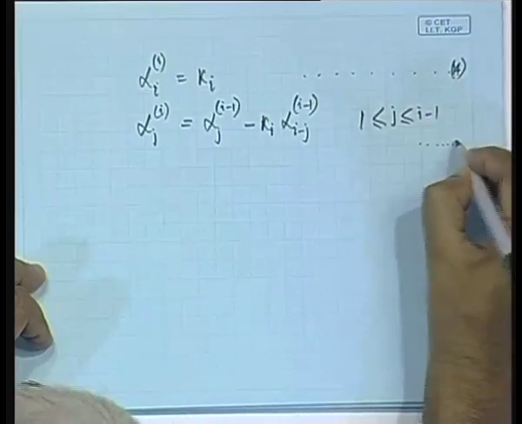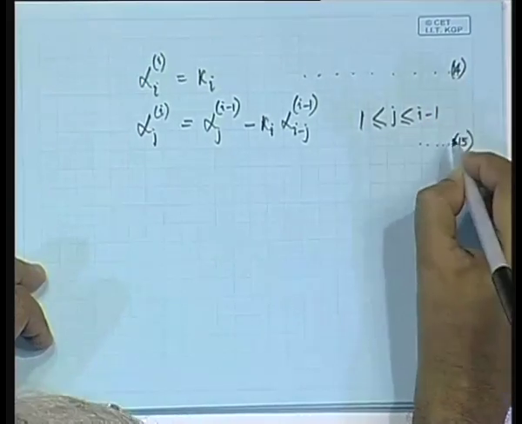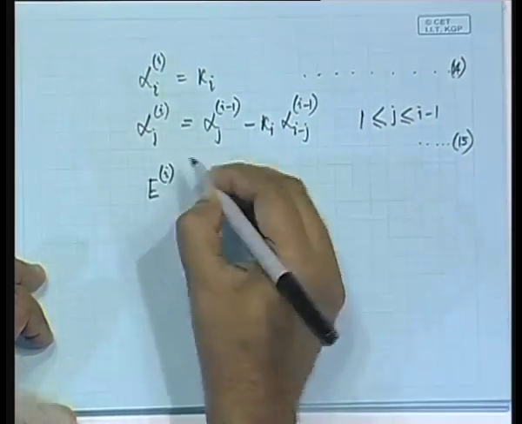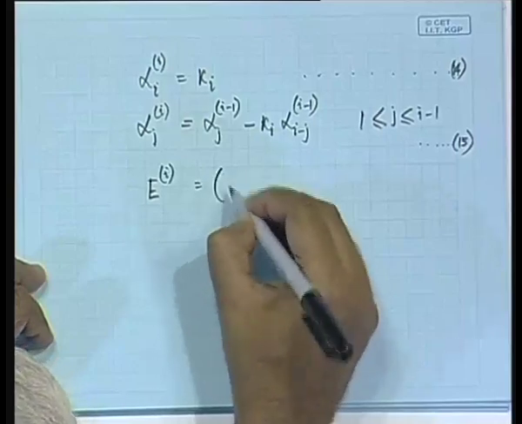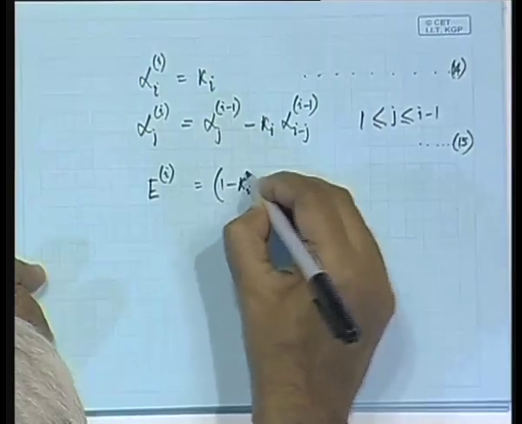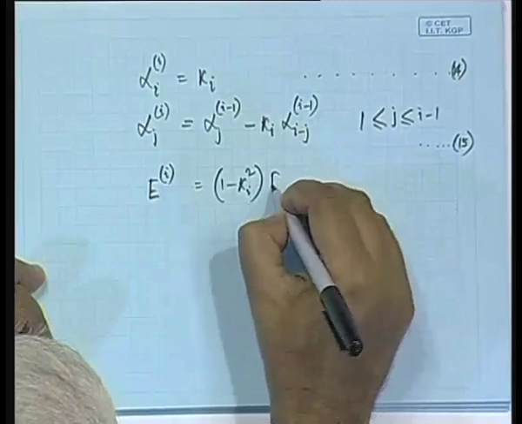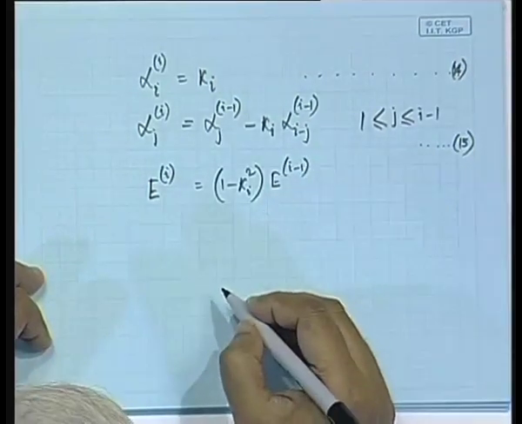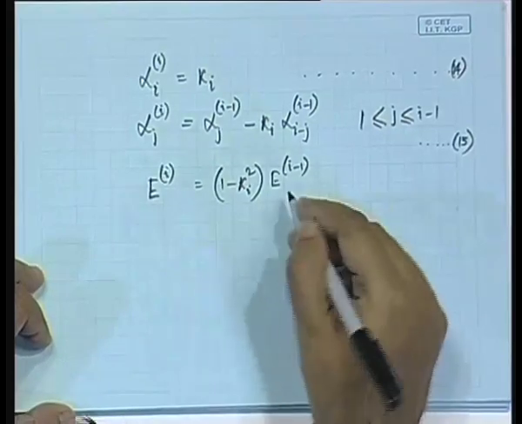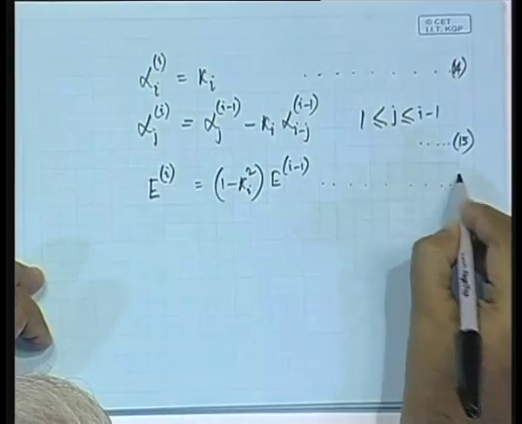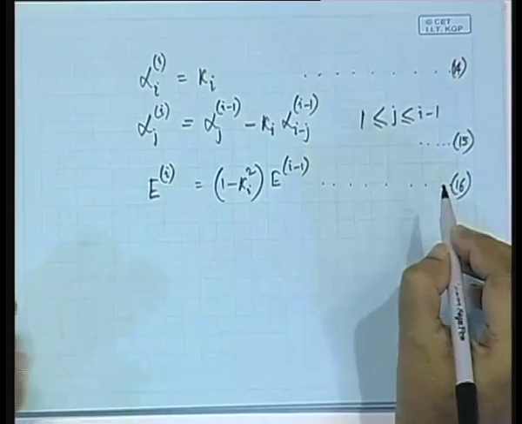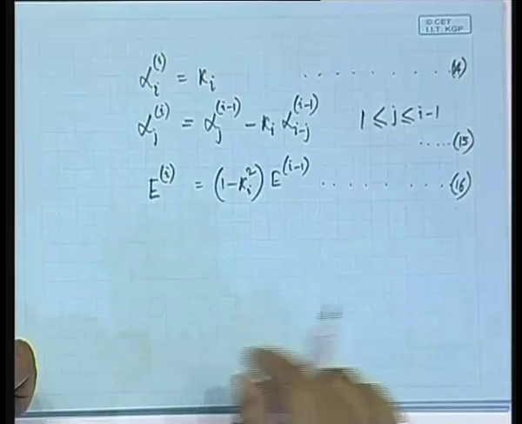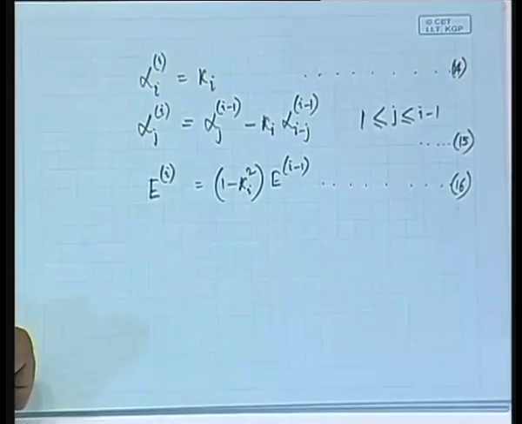This will be called equation number 15, and then from here we can obtain E_i as 1 minus k_i squared into E_(i-1). That becomes the next estimate of E, call it equation 16, and from the next estimate of E it should be possible for us to go back again to the iteration.